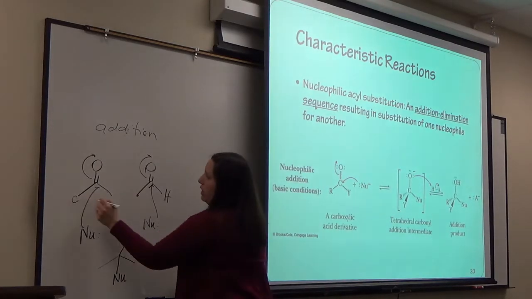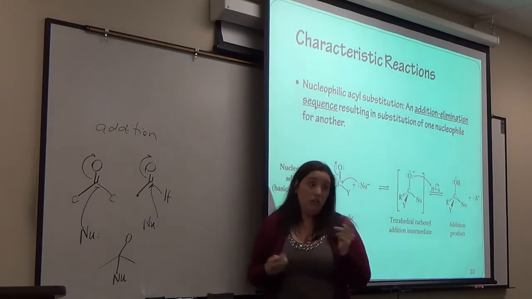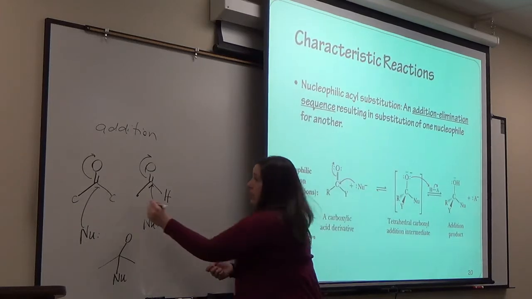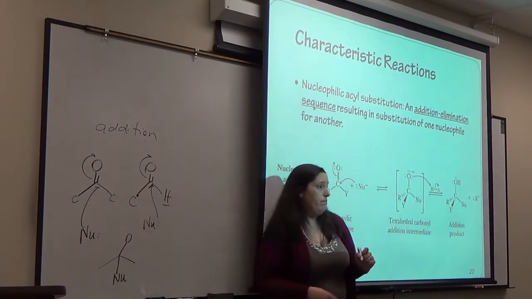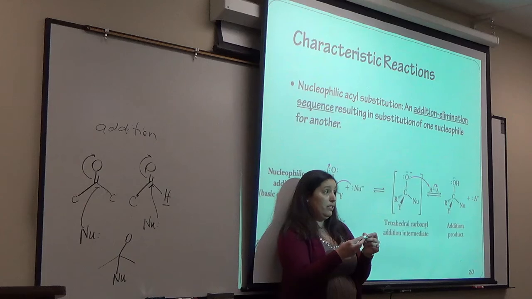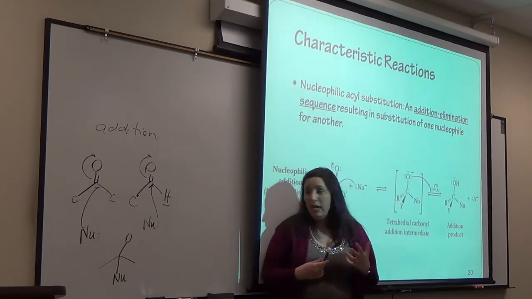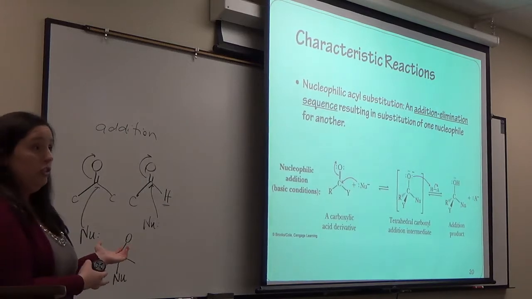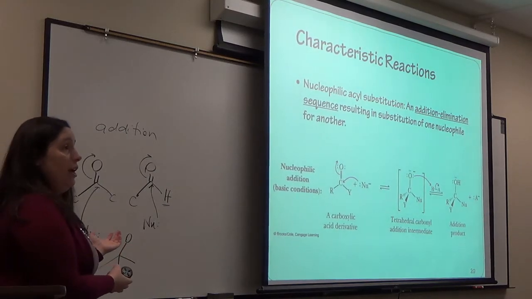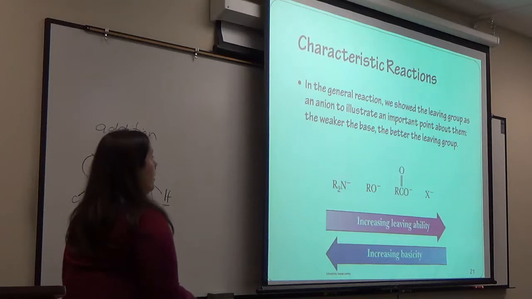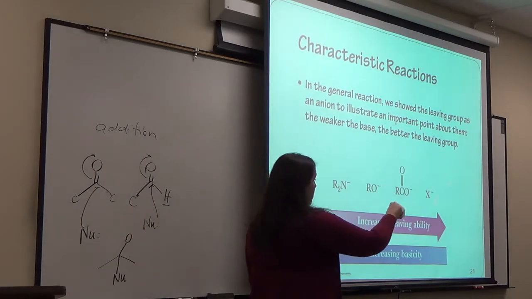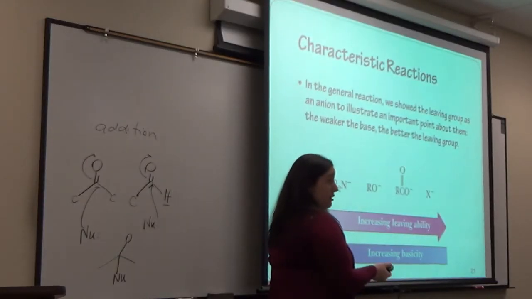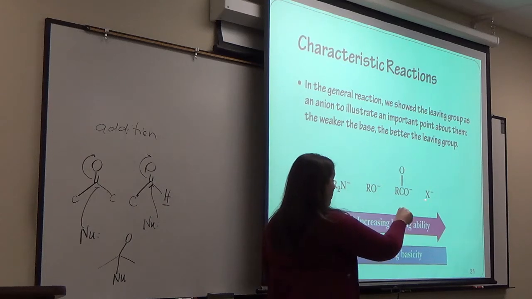Carbons don't leave, do they? They're not good leaving groups. Neither are carbons nor hydrogens. But this Y is not a carbon and it's not a hydrogen. We just saw a bunch of derivatives, and these derivatives have leaving groups. The chlorides, the halides, that's a great leaving group, isn't it?